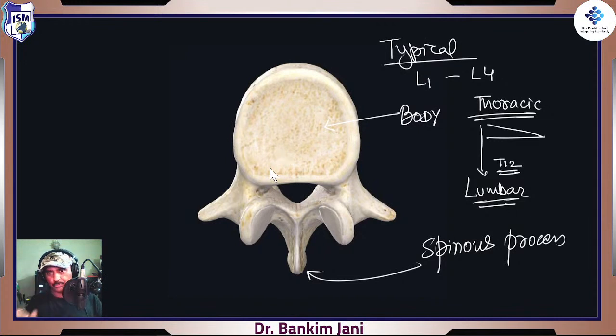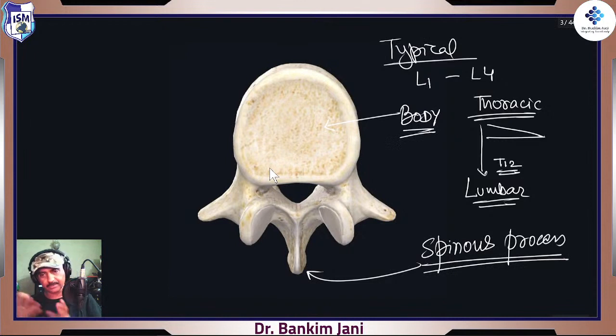Things are gradual. Similarly, the long spine in the thoracic region slowly and gradually decreases, so that by the time it reaches the 12th it is pretty small. But when it comes to lumbar, the structure starts changing. So pay attention to this spinous process. Obviously the body is large, we talked about it.